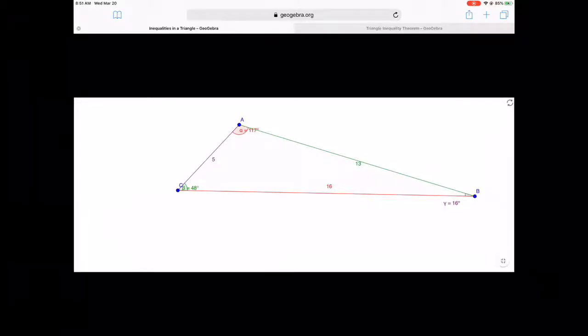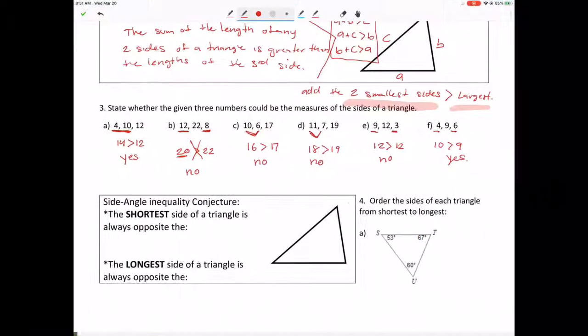So from here we can say that for any case, the shortest side of the triangle is always opposite the smallest angle, or vice versa. So the smallest angle's opposite side is going to be our shortest side.